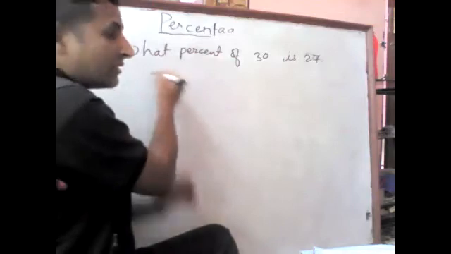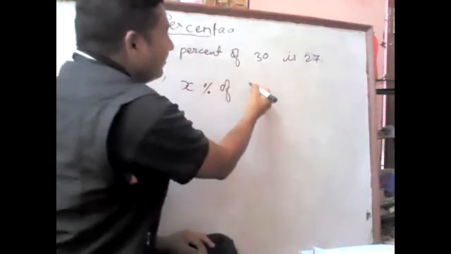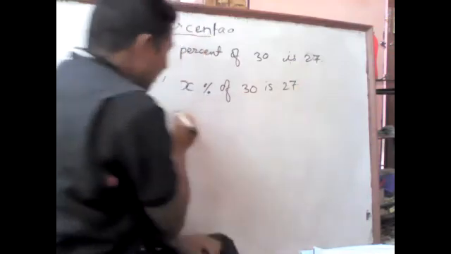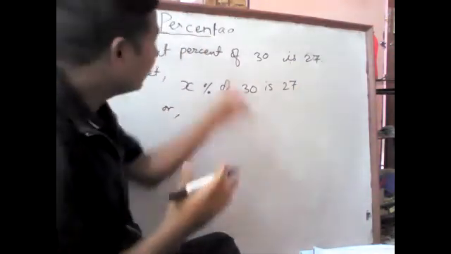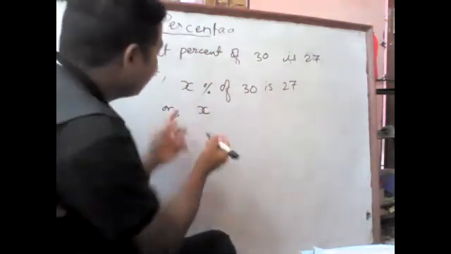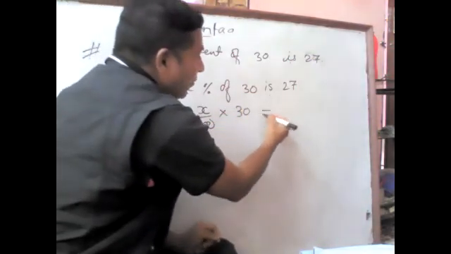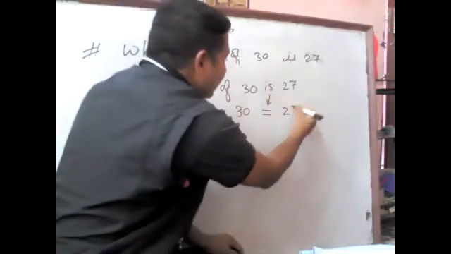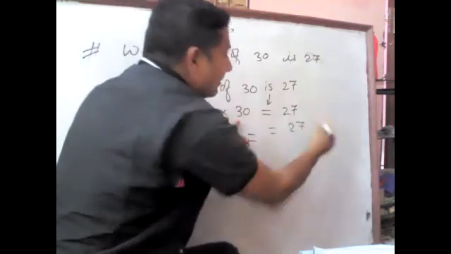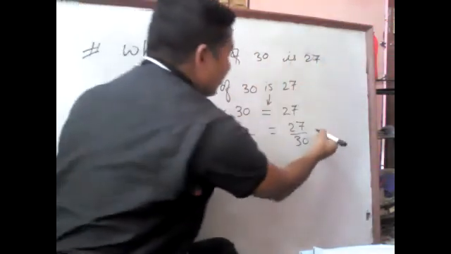Suppose x percent of 30 is 27. Like this we can connect the given word problem and make the equation. X percent means x out of 100, of means multiply, 30, is means equal to 27. While taking a multiply number to the other side, it goes to divide, and a divide number goes to multiply.